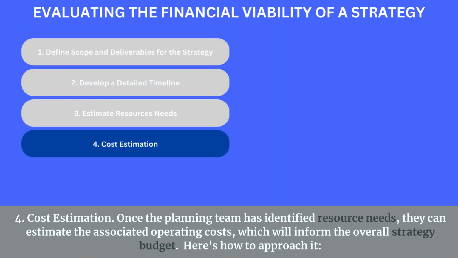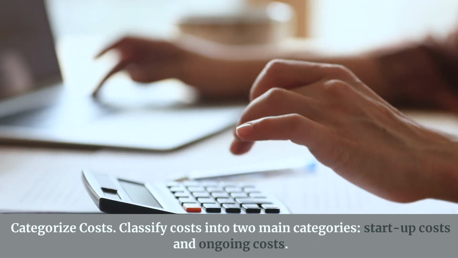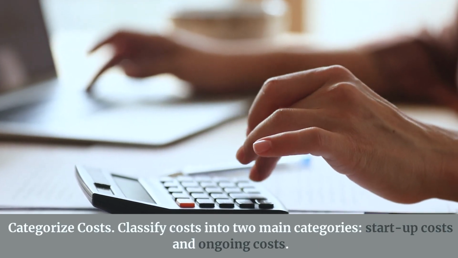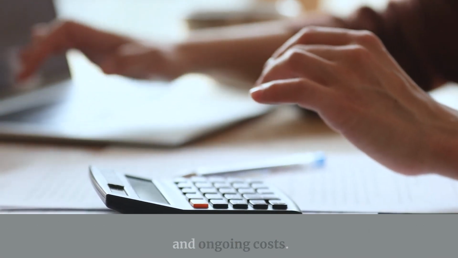4. Cost estimation. Once the planning team has identified resource needs, they can estimate the associated operating costs, which will inform the overall strategy budget. Here's how to approach it. Categorize costs. Classify costs into two main categories: startup costs and ongoing costs.